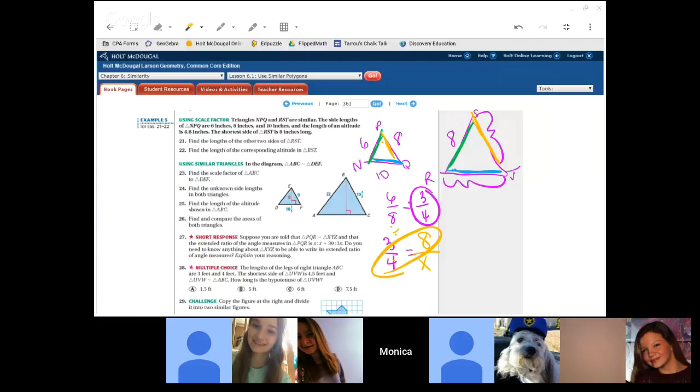For that one, you'll have to find the area of both triangles and then compare them. Really comparing them, you're just going to see if there's a relationship between the two of them. Like, is it double? Is it half? Is it squared? Something like that. Does that make sense, Sarah? Okay.